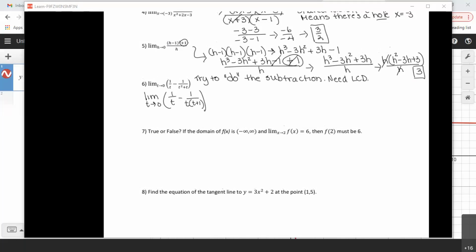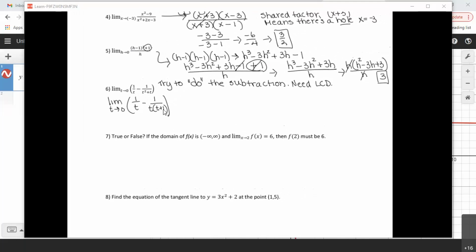What you can see by the factored denominator in the second fraction is t is already in there. So this denominator is bigger algebraically than this one because it has t as a factor, and then it has this other factor, t plus 1. So I'm going to use this as my least common denominator, because t already fits into it.